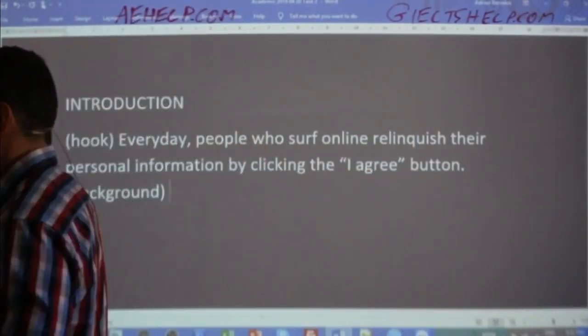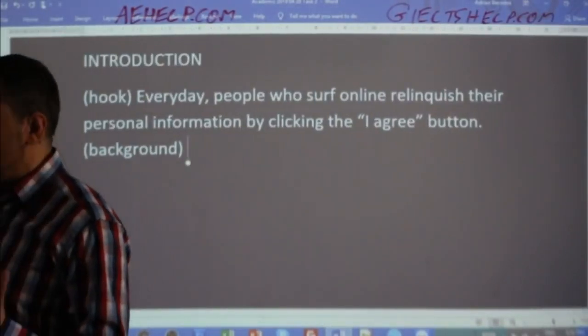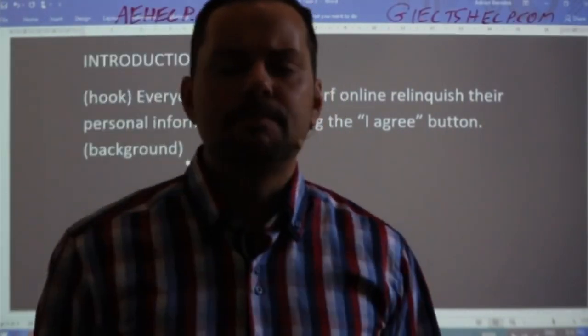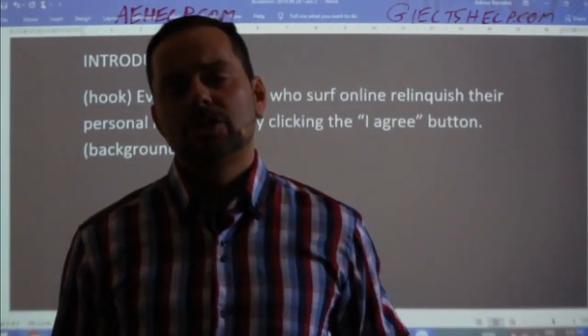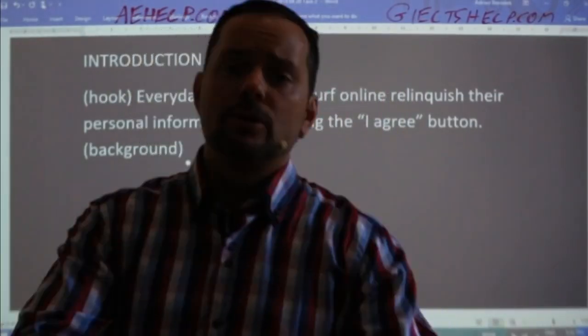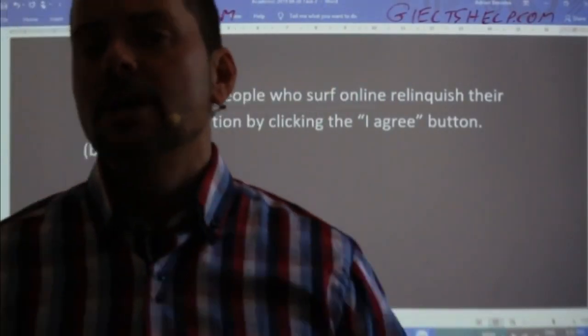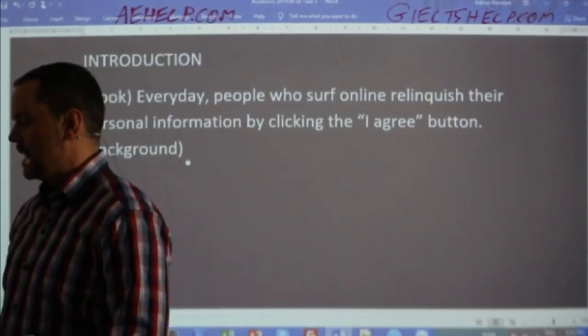So why are we talking about this question and what are we talking about exactly? When we talk about personal information, what are we talking about? We're talking about pictures. We're talking about birth dates. We're talking about locations where we are, right? So we want to tell our reader that right away in the background.